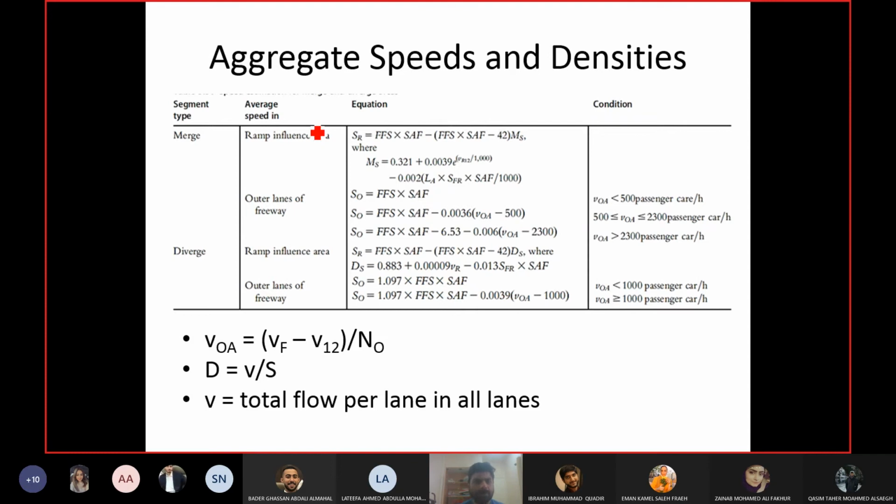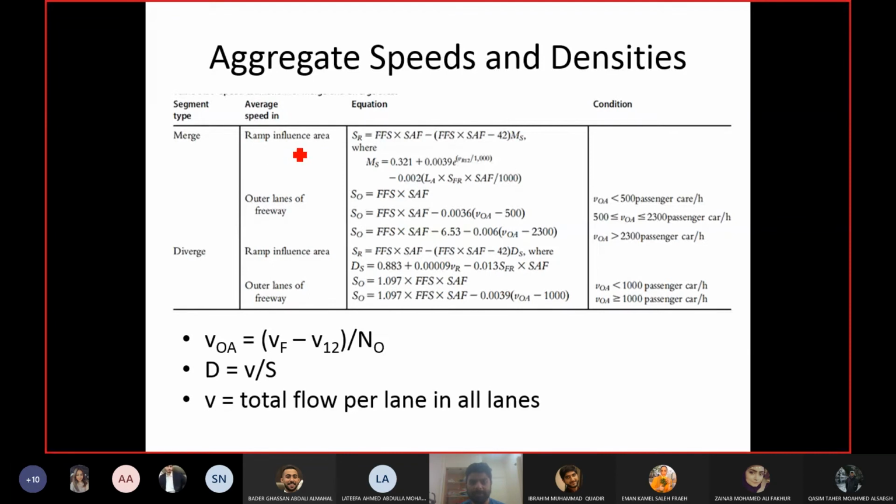Now, if you want to calculate the aggregate speeds and densities, meaning the speed and densities in the complete segment, we have the speed for the ramp influence area.